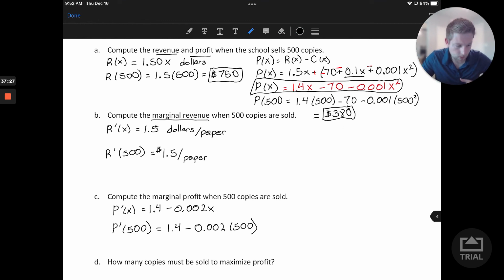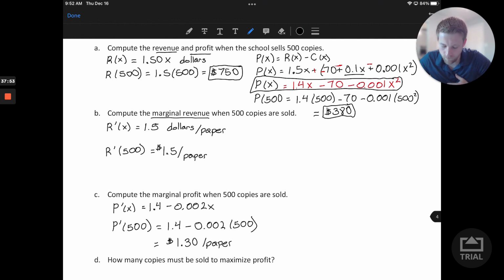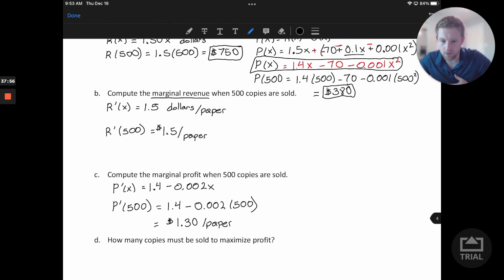When we calculate this result, we should get about 1.3, or $1.30 per paper. Again, that's the rate of change of the profit when we are selling 500 copies. We should be profiting $1.30 per paper at that moment in production.